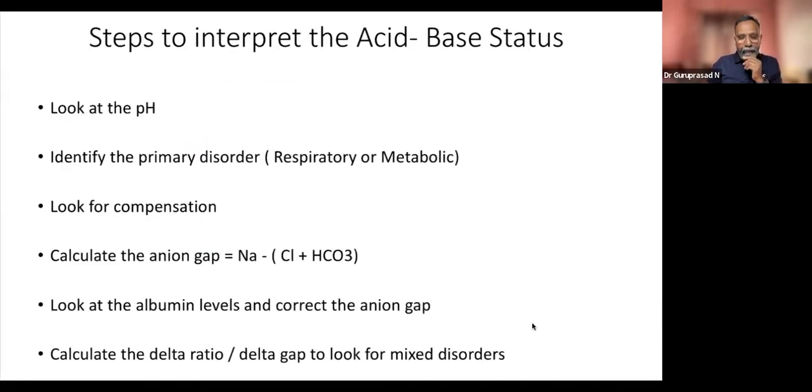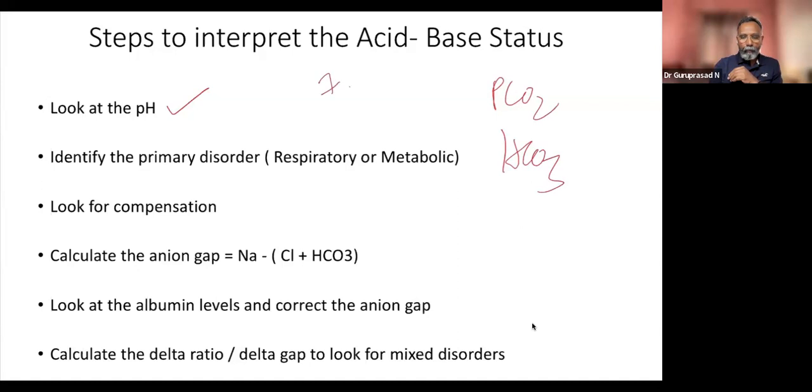So, coming to the steps in interpretation of the acid-base status. First you look at the pH, then you look at the PCO2 and the bicarb, and see which is matching the pH. That will be the primary disorder.